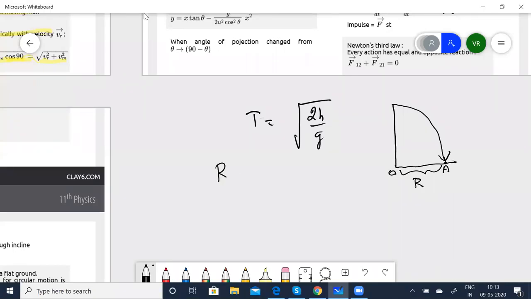The horizontal range is given by R is equal to u root of 2H by g. Remember this. T is equal to root of 2H by g, where T is called the time of flight, and R is the horizontal range, which is given by u times root of 2H by g.